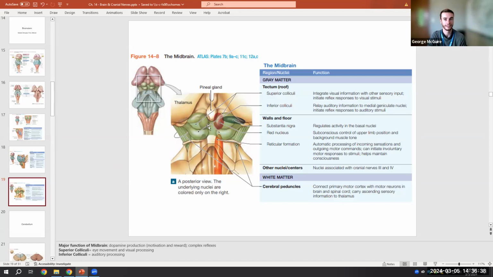We have a pair on each side, a superior pair and an inferior pair. The superior colliculi integrate and process a lot of your visual information, so what you're seeing, and then the controlling of those eye muscles to keep track of something that's moving very quickly. And then your inferior colliculi are related to pathways in the brain that have to do with auditory processing.